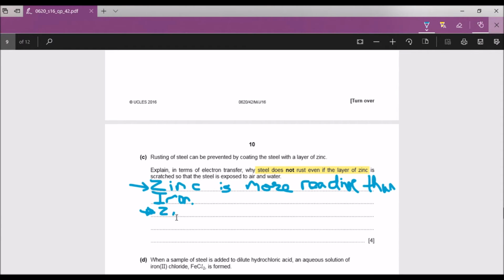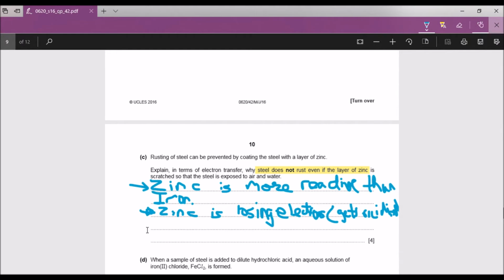Because it's more reactive, it's more willing to get oxidized, which is just loss of electrons. Zinc is losing electrons because it's more reactive. So it basically preferably gets oxidized in preference to the iron.